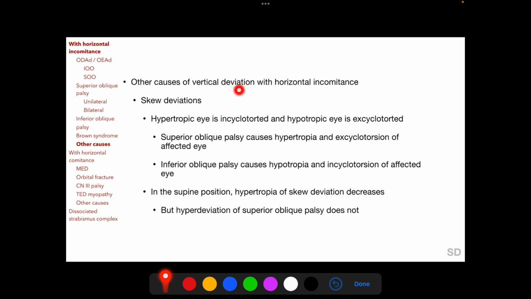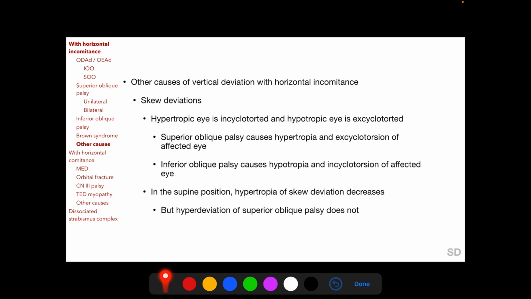Other causes of vertical deviation with horizontal incomitance include skew deviations. In skew deviation, the hypertropic eye is encyclotorted and the hypotropic eye is excyclotorted. But in superior oblique palsy, we find hypertropia with excyclotorsion of the hypertropic eye, and in inferior oblique palsy, we find hypotropia with encyclotorsion of the hypotropic eye.